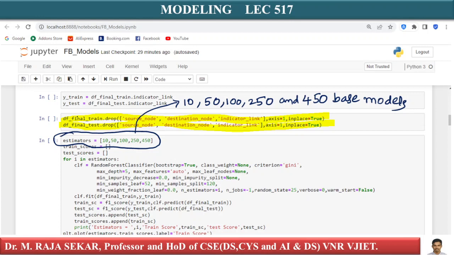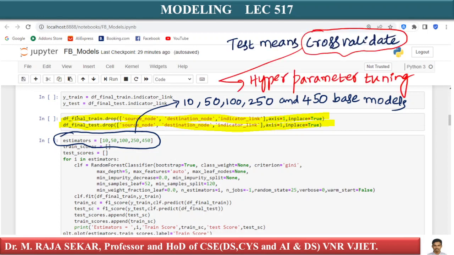We are using the random forest classifier, isn't it? Why random forest classifier?